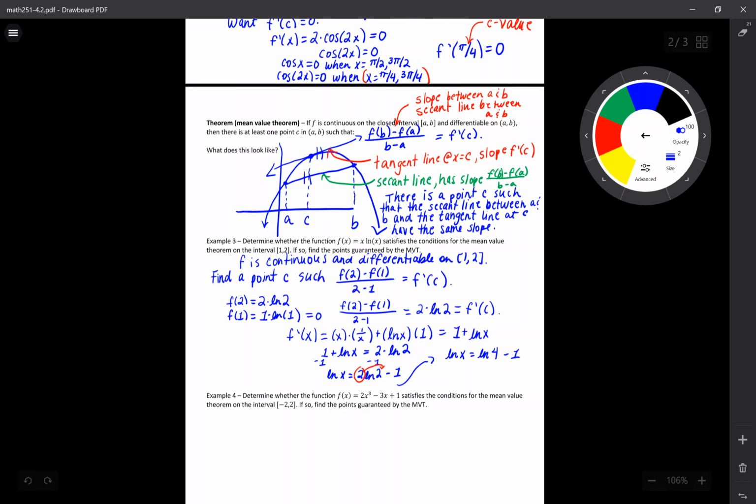Now to solve for x, I raise e to this side, e to this side. This gives me x is equal to e to the natural log of 4, which is just equal to 4, minus e. So the x value such that f prime of x is equal to 2 times natural log of 2 is 4 minus e.